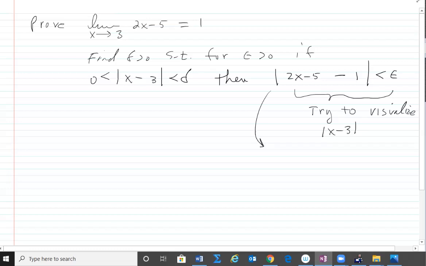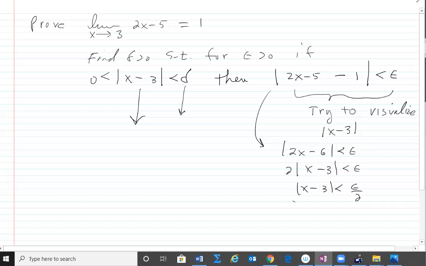Start with this. I have a 2x minus 6. Pull out a 2. This is what we needed right here. So I can see that if I start with this expression and I make my delta no bigger than epsilon over 2.